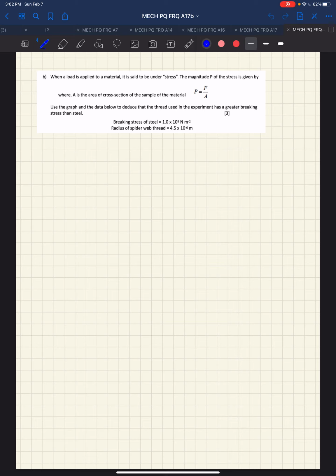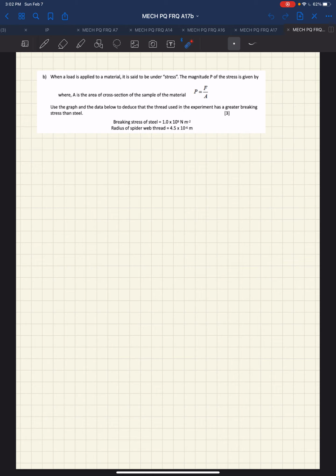So we have a spider web that is being stressed, and we read that when a load is applied to a material, it is said to endure stress. The magnitude P of the stress is given by F over A, where A is the cross-sectional area of the sample material.